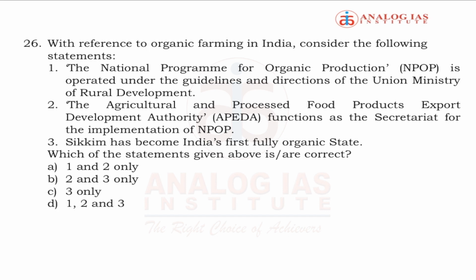Sikkim is the state which has achieved this feat completely, and it is the first state in India. So statement number 2 and statement number 3 are appropriate, barring statement number 1. So 2 and 3 only, that is answer option B, is appropriate here.